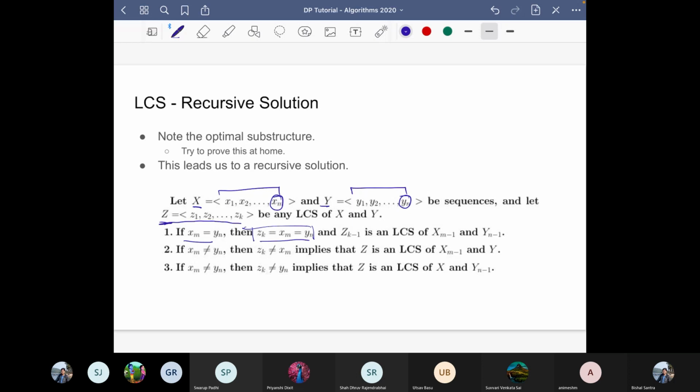Because if you exclude that, you will only get a smaller subsequence. So you need to consider this last letter. And that happens if the final letters are the same for the input sequences.